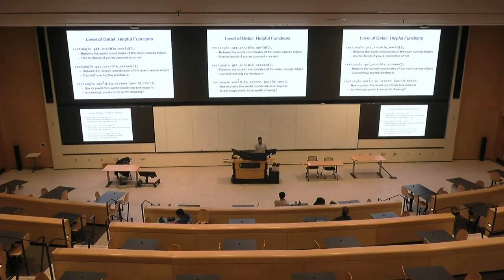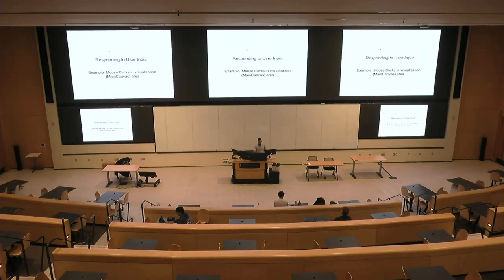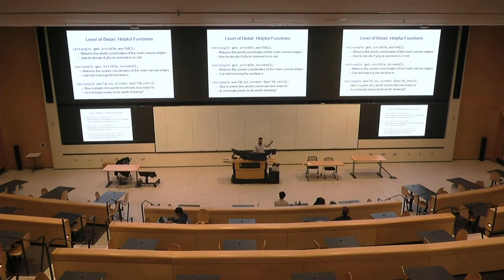The last one that is very important is called world to screen, and this basically returns a transformation from the world coordinates that you specify to the pixels. So here you can determine how many pixels are available to this coordinate system right now. So let's say that we usually use these two together. We get the visible world, whatever currently visible on the screen in terms of coordinate system.